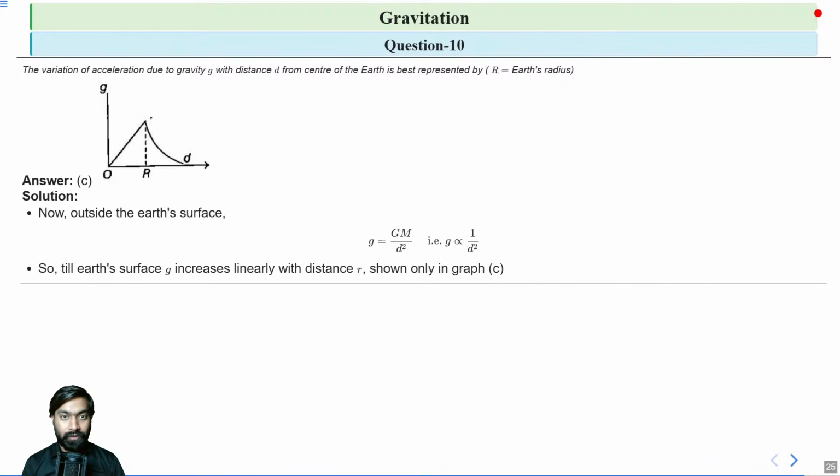So till the Earth's surface g increases linearly with distance r as shown in figure C. Okay everyone? Any doubt? If you have any doubt, please ask. So these are the important concept questions. Varsha, any doubt? Okay, VK.